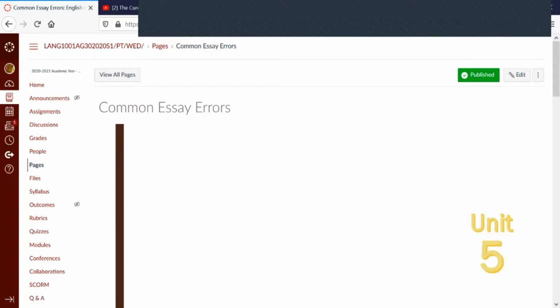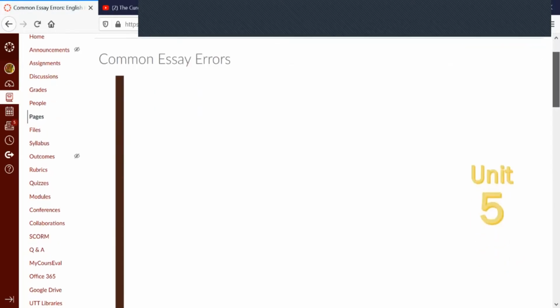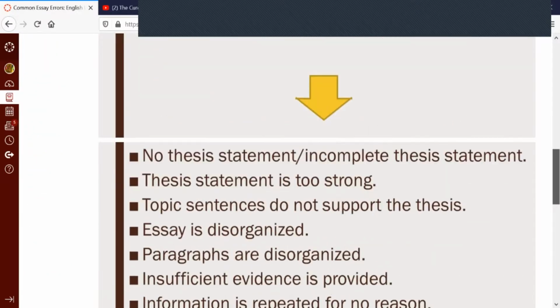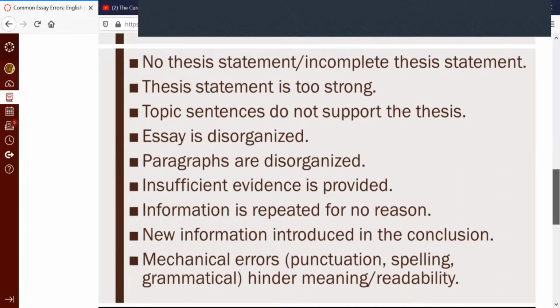What I want to start with today are some of the common errors that people make when writing their essays. We talked about a thesis statement. So a common error is having no thesis statement anywhere in your essay. The convention for academic writing is that the introduction ends with your thesis statement.